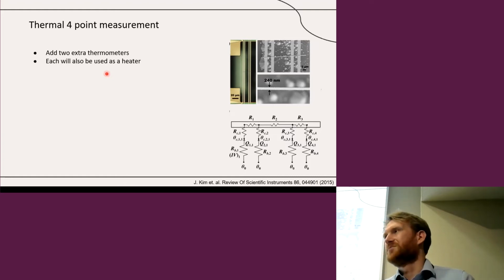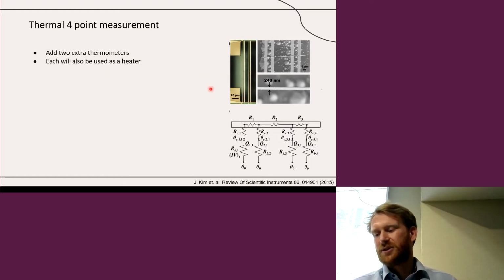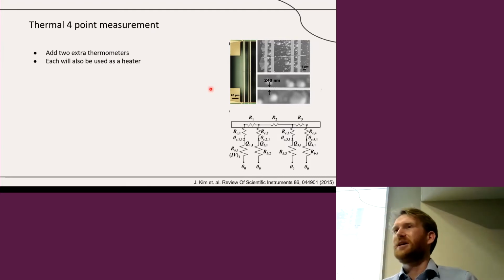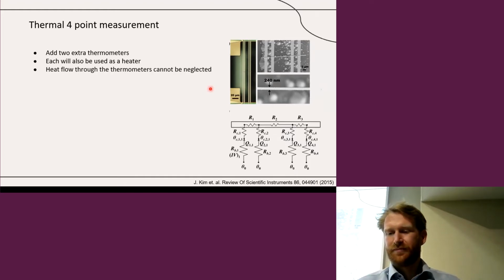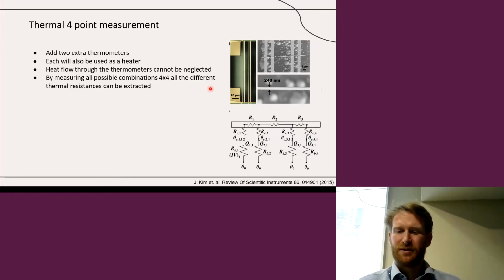Of course, we cannot make the assumption that we could in the electronic system that there is no heat flowing through our thermometers anymore, because these thermometers are metal lines that are essentially the same as the heaters. So the model gets a little bit more complicated than in electronic 4-point measurement, but in principle, this can help you to extract the contact resistances and thus get the true wire resistance out.